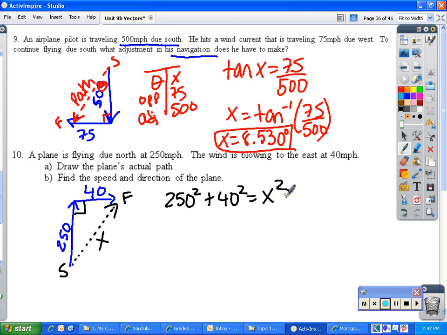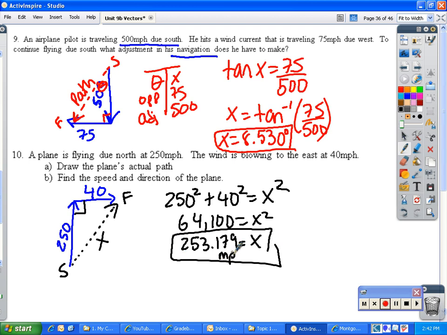I'm going to use the Pythagorean theorem for that. 250 squared plus 40 squared on my calculator tells me it's 64,100 is x squared. Take the square root of that answer, and that tells me that x is 253.179 miles per hour. That's how fast he's going.